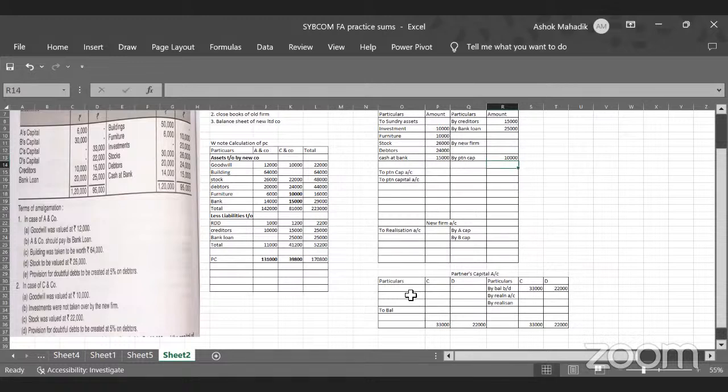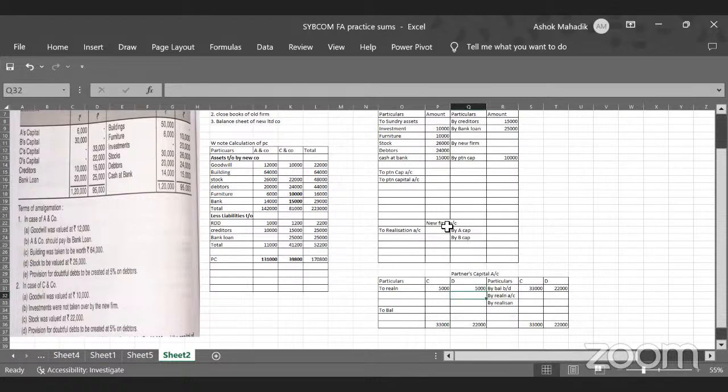On the debit side of partners, it will be recorded as drawings to realization account. 10,000, so we'll distribute equally, 5,000 each. Okay, that gives the second effect of this.